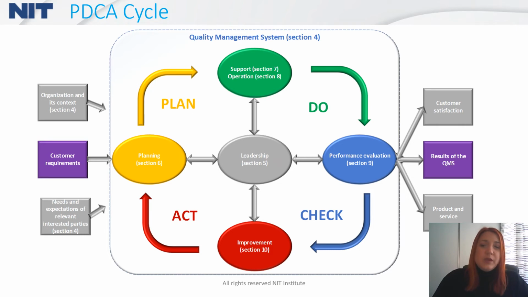The PDCA, which is an abbreviation of Plan, Do, Check, and Act, is an iterative design and management method used in business for the control and continuous improvement of processes and products. It is also known as the Deming cycle, the Shewhart cycle, the control cycle, or plan, do, study, and adjust.